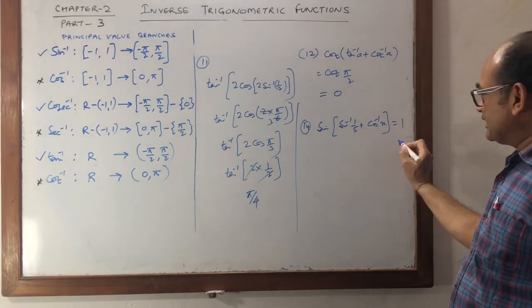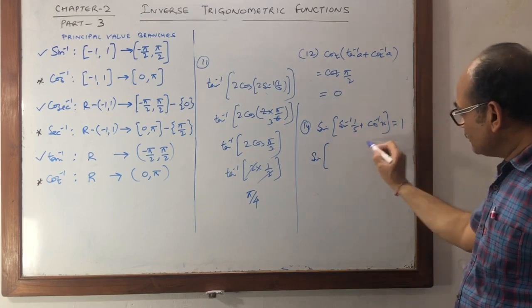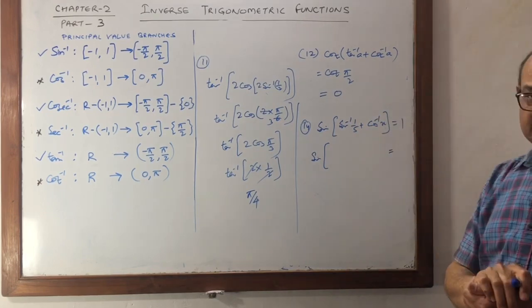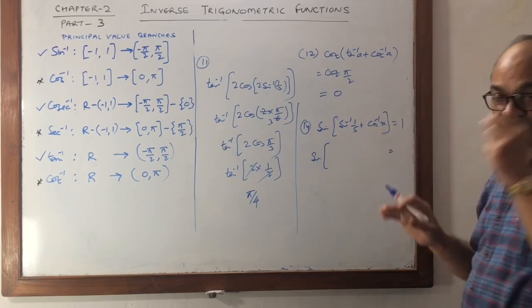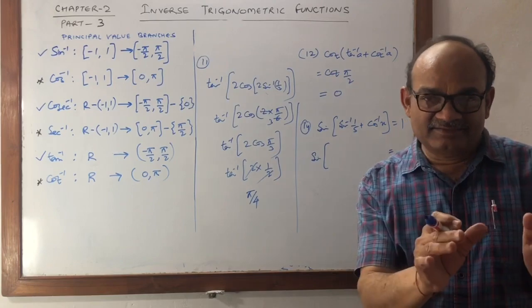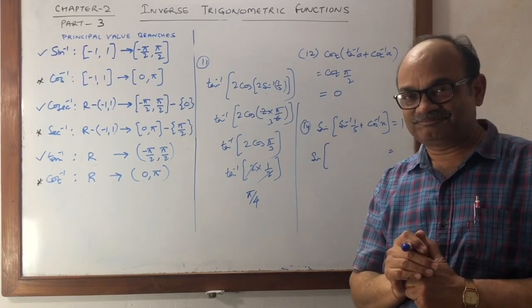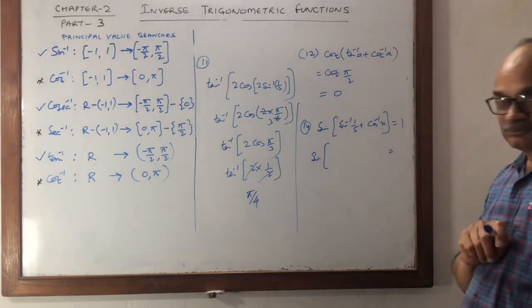This we can write as sin. What will be the value of theta so that sin theta comes to 1? From class 10th, what will be the value of theta so that sin theta is 1? Very simple, pi by 2. So we want this one as pi by 2.